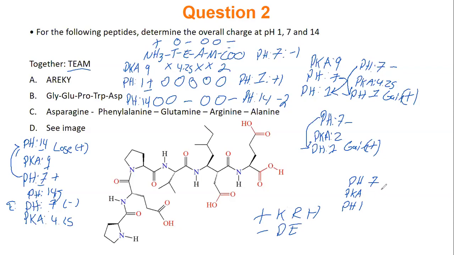If it is, I lose a proton. If it's not, nothing changes. Or sorry, not lose, gain. You gain a proton. When going from a pH of 7 to 14, if my pKa is in the middle of 7 to 14, I lose a proton. If my pKa is not between those two numbers, nothing happens.